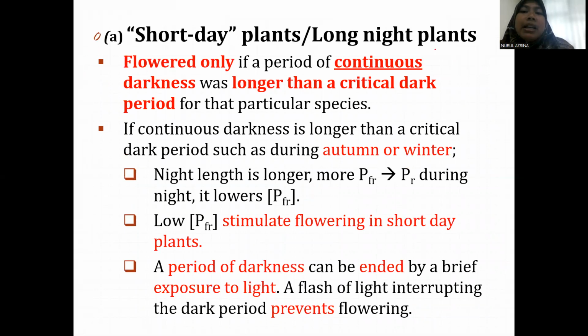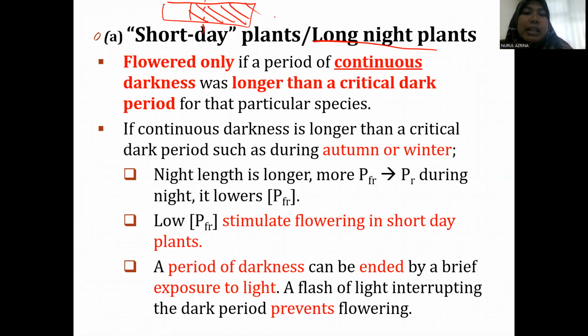Okay, short day plant or long night plant. Remember, a long night plant requires a longer continuous dark period than the critical period for it to flower.